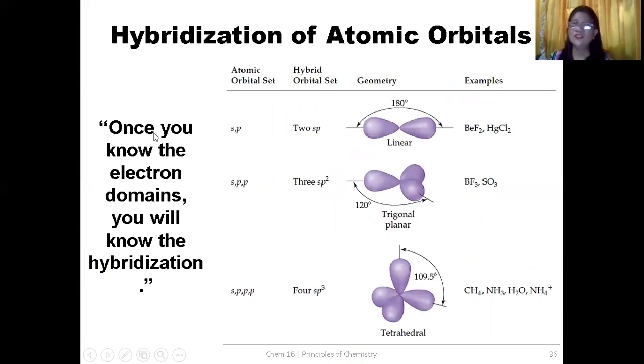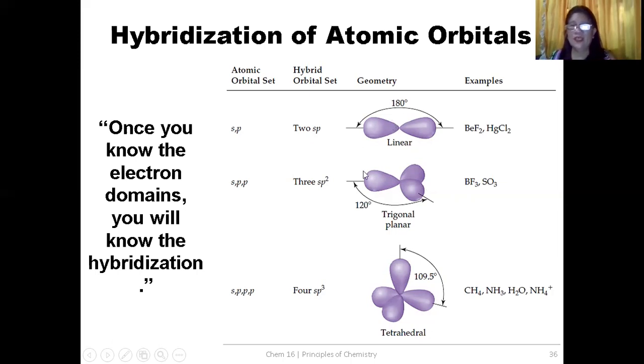So once you know the electron domain, you will also know the hybridization here. For instance, this is beryllium and fluorine. It also has orbitals. Beryllium is S. Your fluorine is P. So that is sp, so you will have 2 sp. Same thing, why 2 sp?